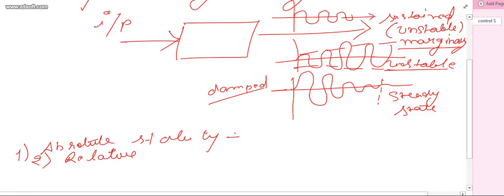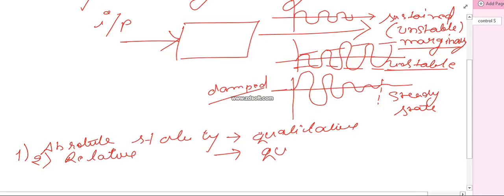Now the absolute one is actually qualitative, whereas this one, relative stability, is quantitative. So this is a quantitative, or relative, this is a comparative one.